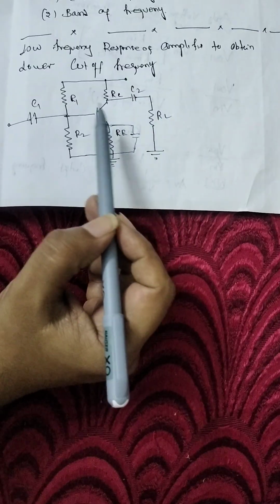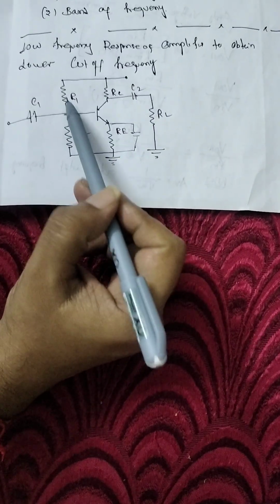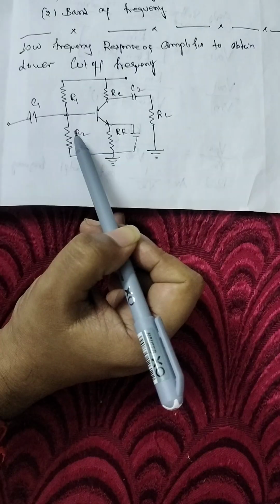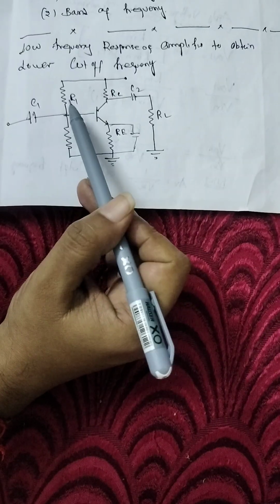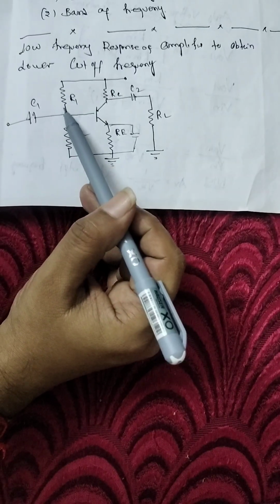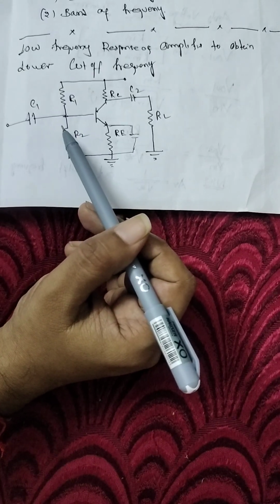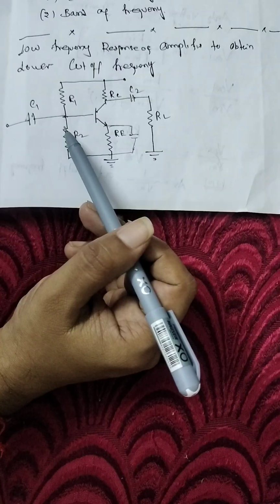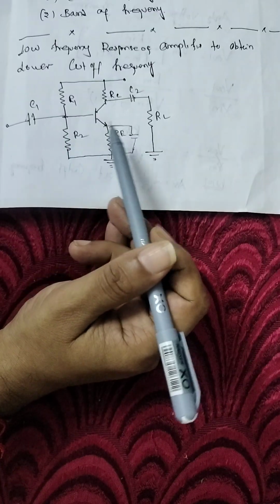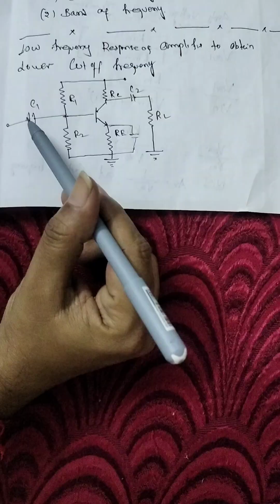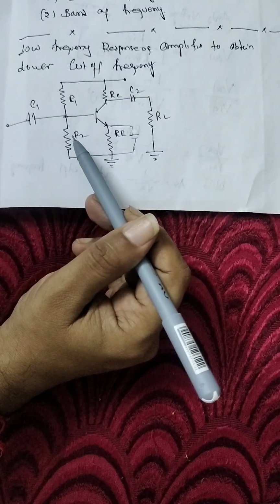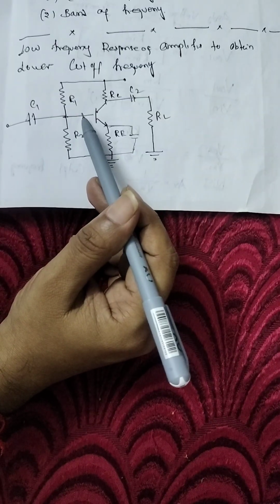Then see here, R1 and R2 are in parallel. Because the current is coming in, the current splits in two ways, so the resistors are in parallel. Now the input is R1 parallel R2 parallel hie, the input resistance.